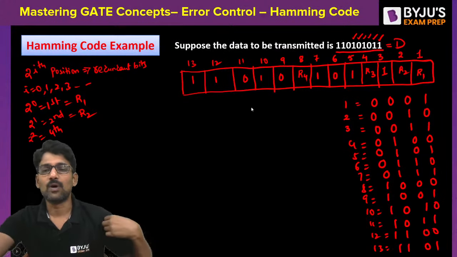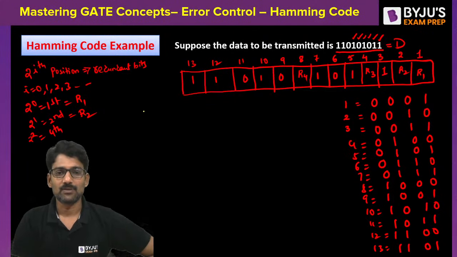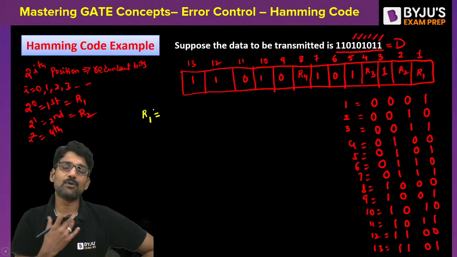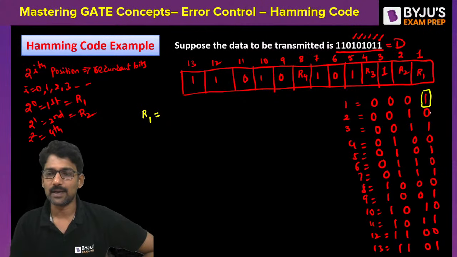Now, for finding the parity bit values, you have to pick positions. If you want to find redundant bit 1, you pick the positions that have ones in the units place.